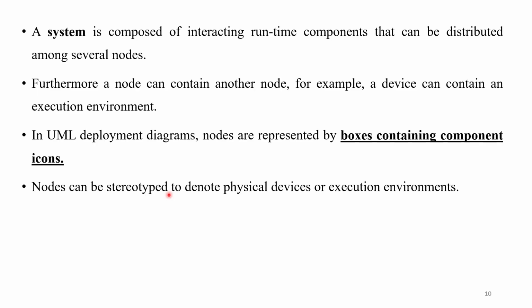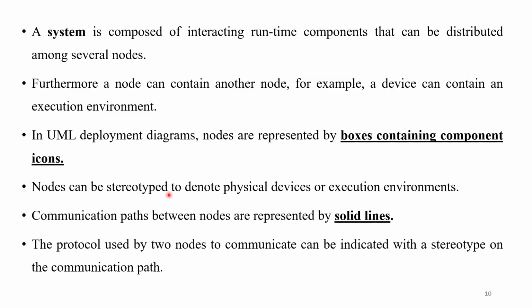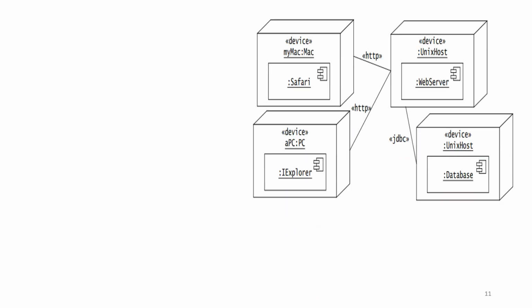That indicates the physical device, it exists, and there is a relationship. So the communication path is represented using a solid line, the line connectivity between the two different components. Again, what type of connection both components have, we need to write as the name on the association using the stereotype symbol, that is, two less-than and two greater-than symbols.